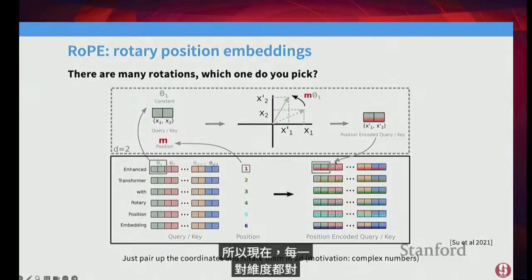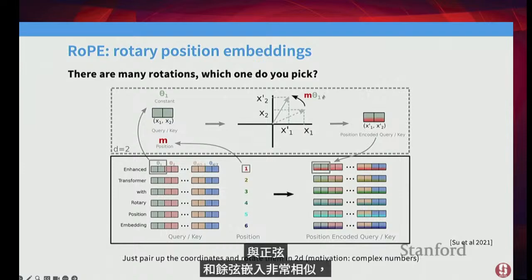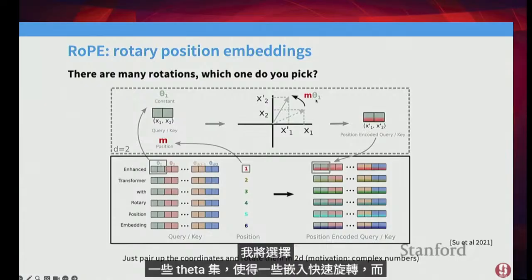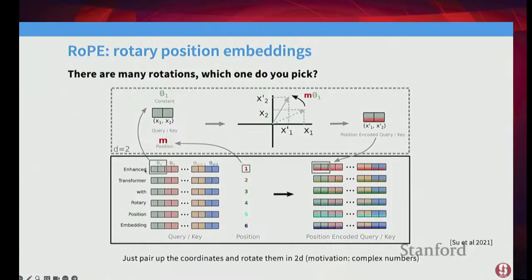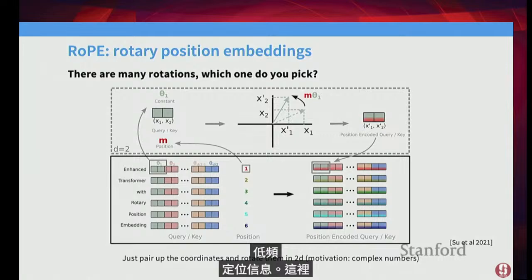And so now every pair of dimensions is encoding all these relative positions. And much like in sine and cosine embeddings, I'm going to pick some set of thetas such that some embeddings are rotated quickly and others are rotated much more slowly. So they can capture both high frequency information, or close-by information, and very far away, lower frequency positioning information, right?